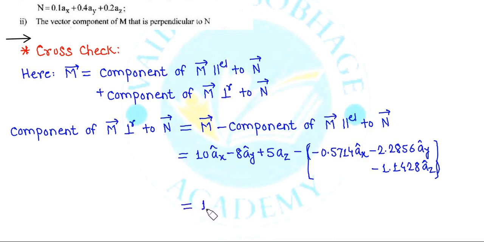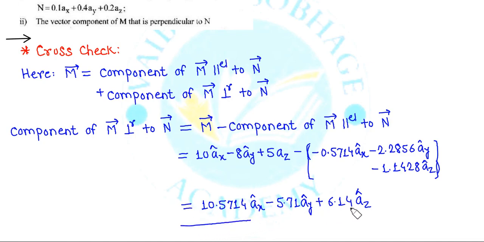If you simplify, you will find that subtraction to be 10.5714 ax minus 5.71 ay plus 6.14 az. So this is just for your cross-checking purpose. You will have both answers the same. But from a theory exam point of view, you just go by the previous method.